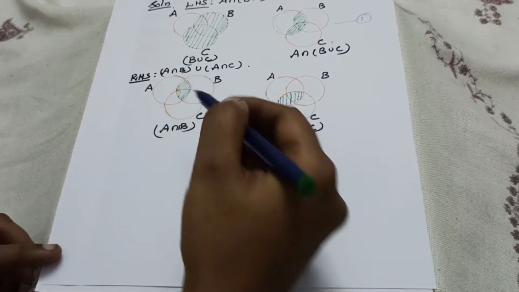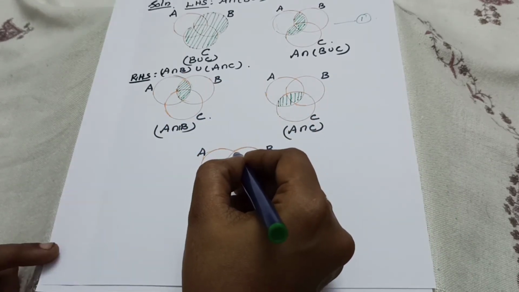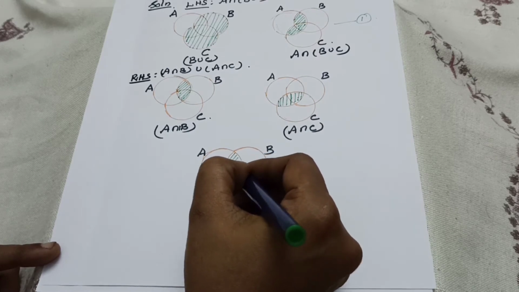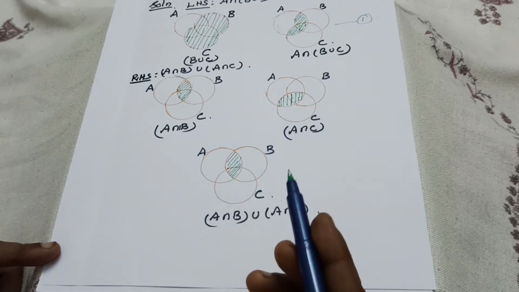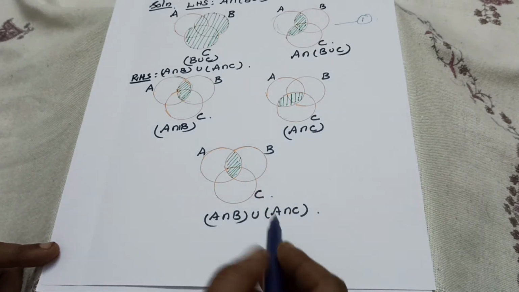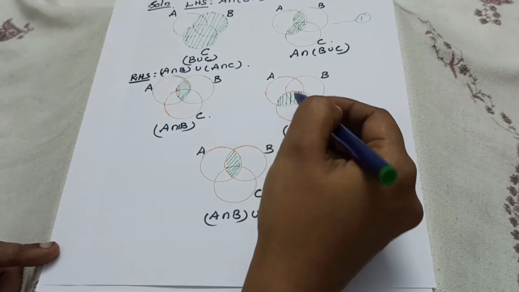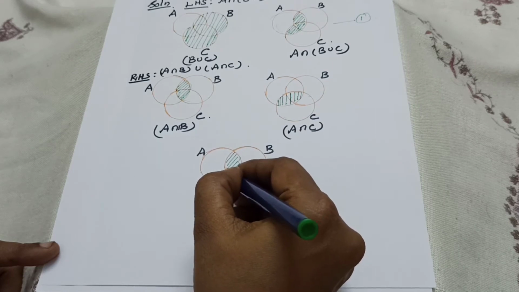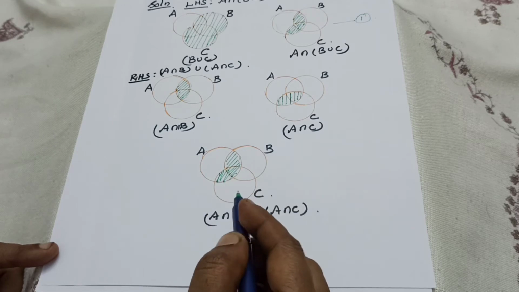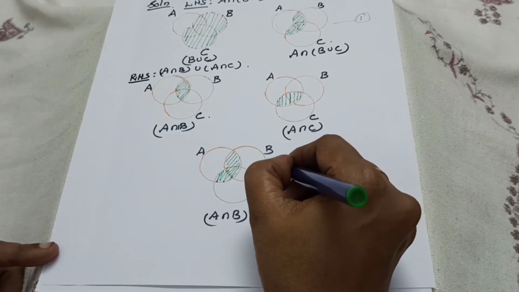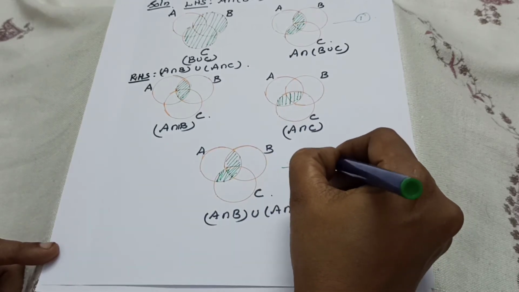That means A intersection B, the middle portion only it will come. Then A intersection C is what? This area. So this portion also we have to shade. Have you understood? That is diagram number 2 we should take.